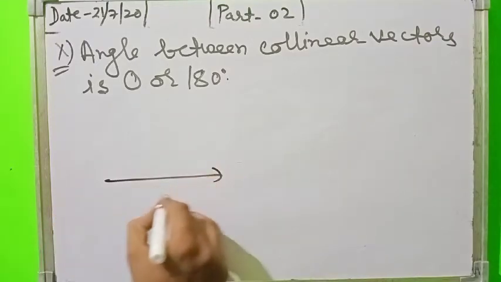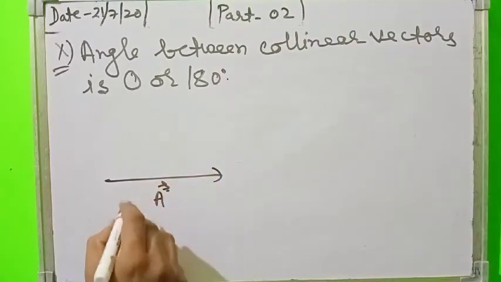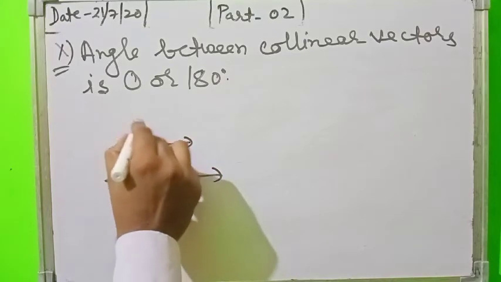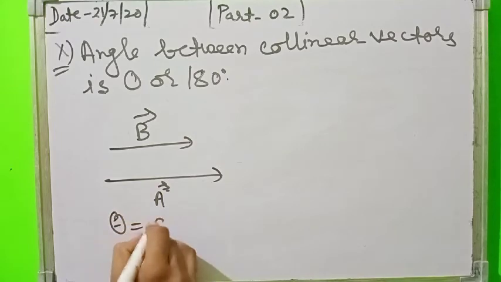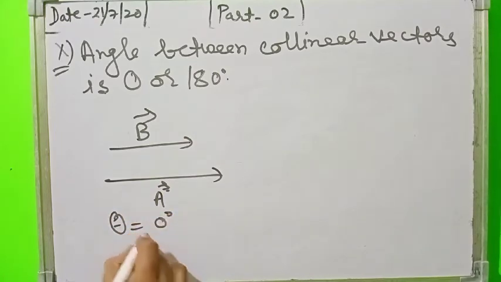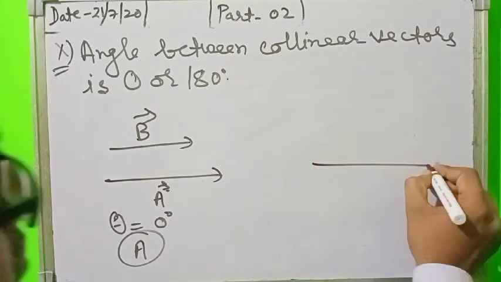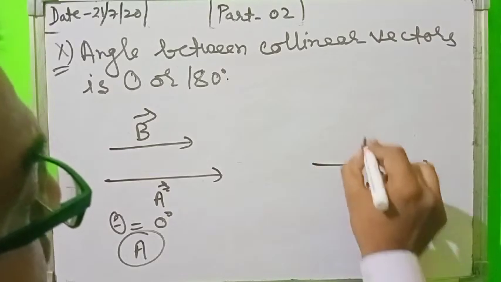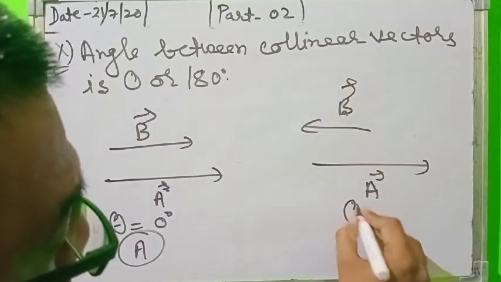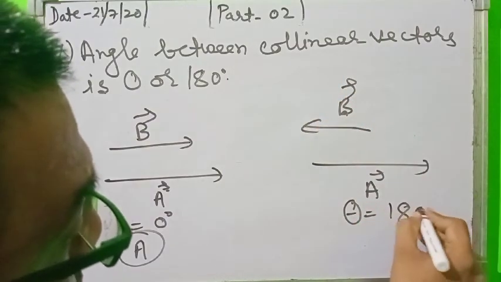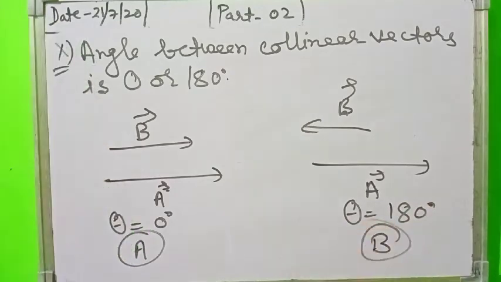Suppose this is vector A and this is vector B. So here theta is equal to 0 degrees. And here it is vector A and vector B, theta is equal to 180 degrees. So these are the two cases of collinear vectors.